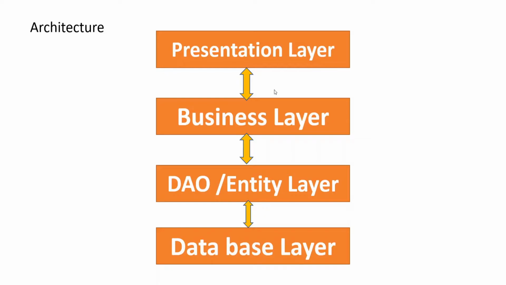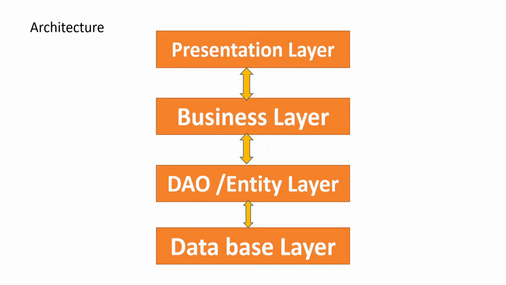The presentation layer represents the layer to handle the HTTP request. All the HTTP requests will be routed via the presentation layer. It receives the JSON request and converts it to an object as well.